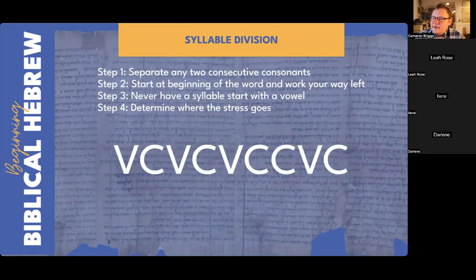All right, so I'm not going to walk through the steps on this one, but how many syllables are in this one? Take a second and take a look at that. 4. Yeah. All right, so we separate, and we wouldn't want to put one here because that would put the final one starting with a vowel. So we pop it back, which makes us have 4 separate syllables with the stress on the final.